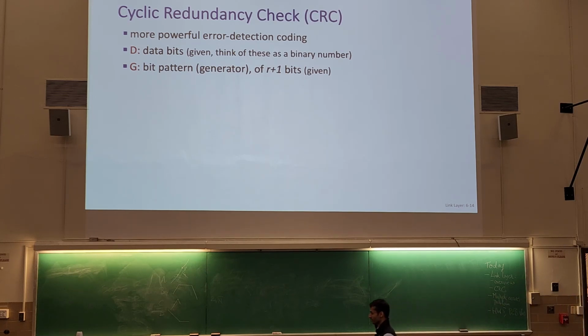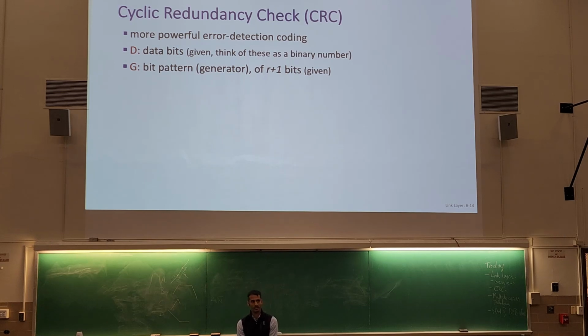What is the cyclic redundancy checksum good for? Why do we have a different checksum? When I first introduced checksums, remember one of you, I forget who, had a class question asking, is there something you assume of the nature of bit errors that occur in a packet? And I said, yeah, well, at the TCP and UDP level, we don't assume anything, we just assume bits can randomly get corrupted.